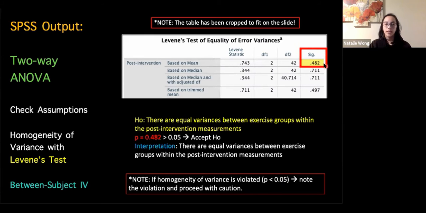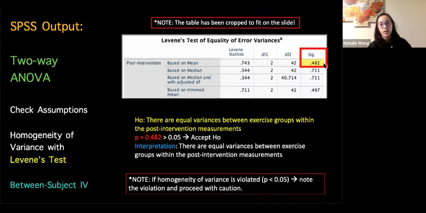So we have equal variances between exercise groups within our post-intervention measurements. A nice, distinct way that you can do this, if all of your values are larger than 0.05, like we have in this scenario, you could just say there are equal variances between exercise groups for each level of time, or for all of the time points that we collected cholesterol at.